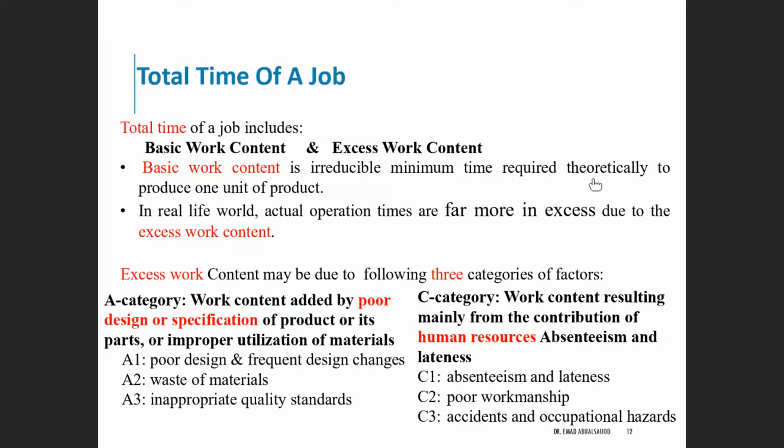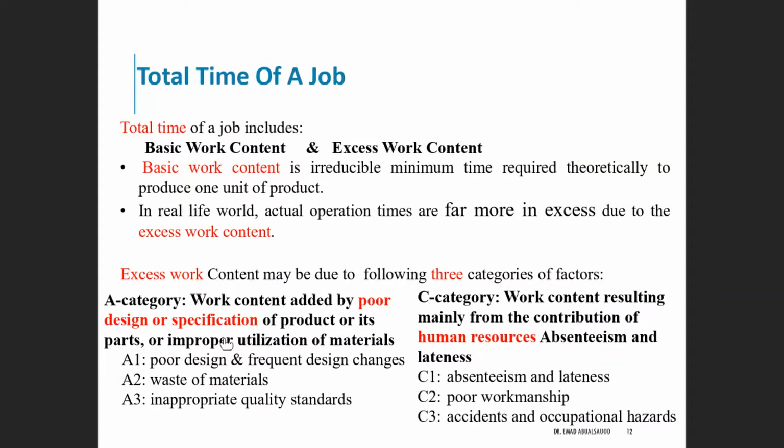This type of work content is out of our control. The one that we work on and try to control is the excess work, in order to find the total job time, because basically the total job time is the sum of both. You consider in the total time the basic time and the excess work.